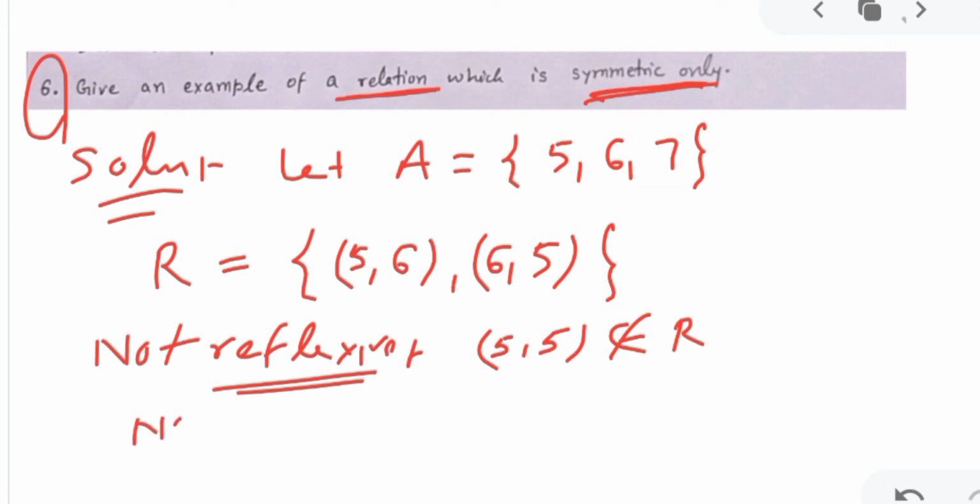And why is it not transitive? Clearly you can check all these things. If you are not writing them also, your answer is done, but for understanding purposes we are checking here.